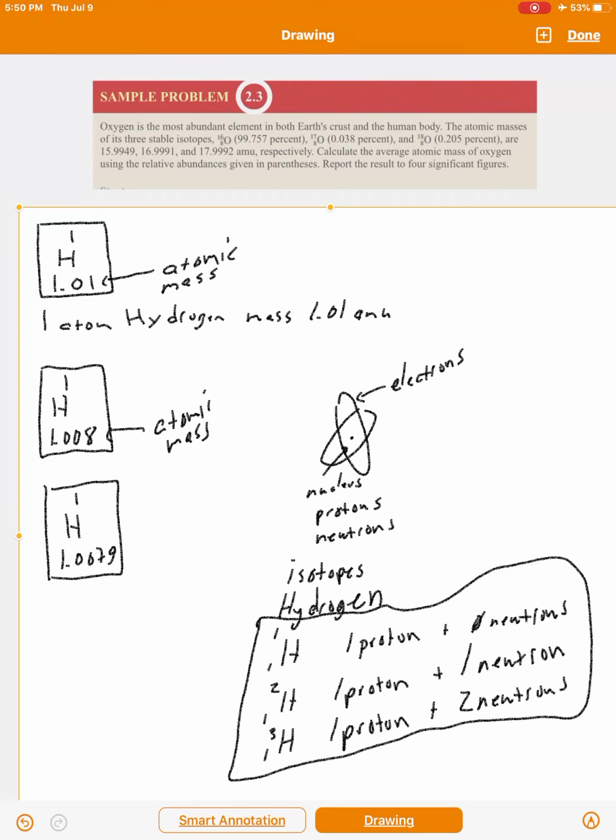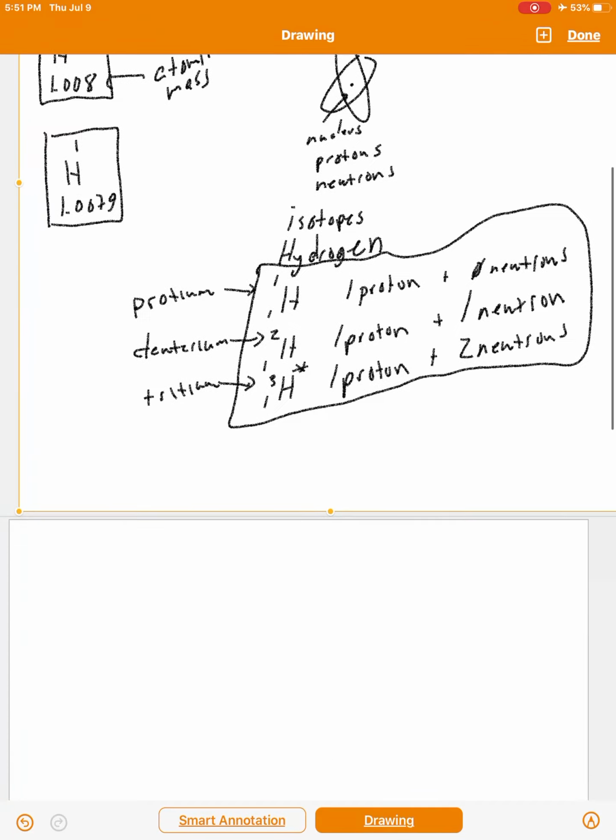Only one with 0, 1, or 2 neutrons. Okay. Let me give you names actually. This first one has a name. Protium is this isotope. Deuterium is the second isotope. Tritium is the third isotope. This tritium is actually unstable, so there's very little of it found in nature. But the first 2, protium and deuterium, are very commonly found in nature.